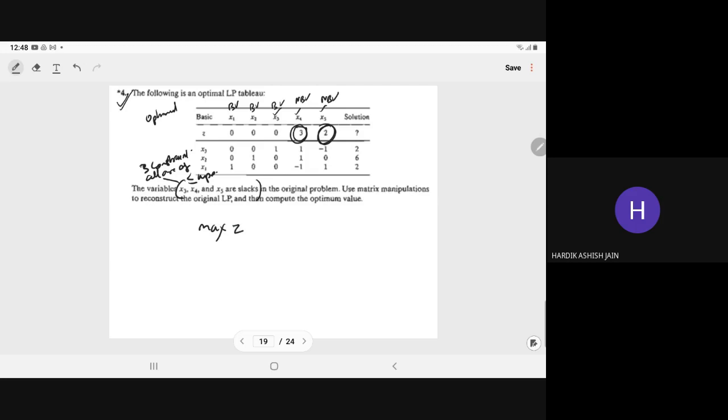So maximize z. Now how many decision variables do we have? If x3, x4, x5 are the slack variables, we have x1, x2.